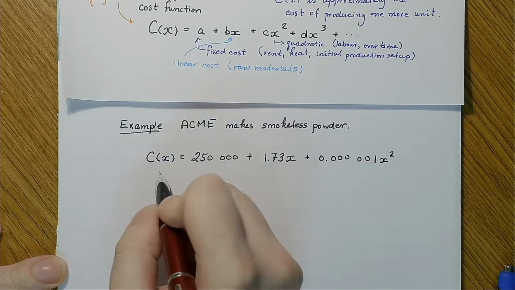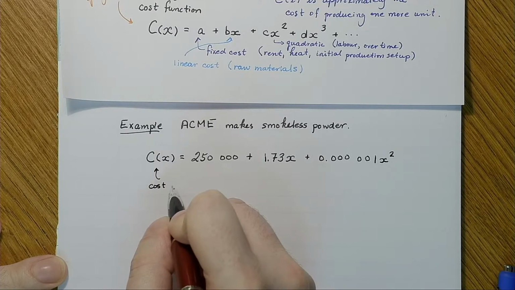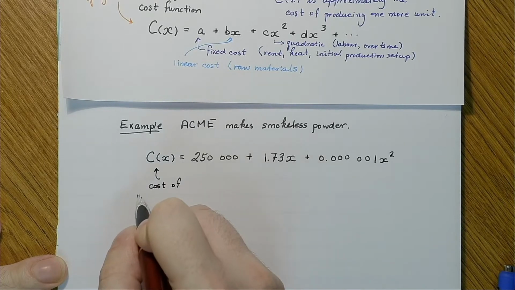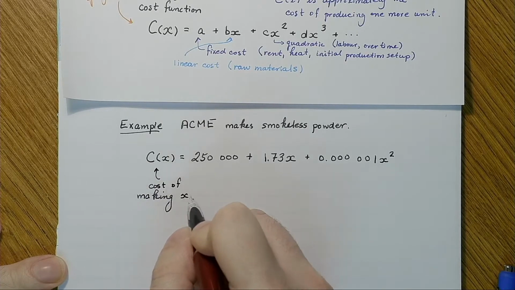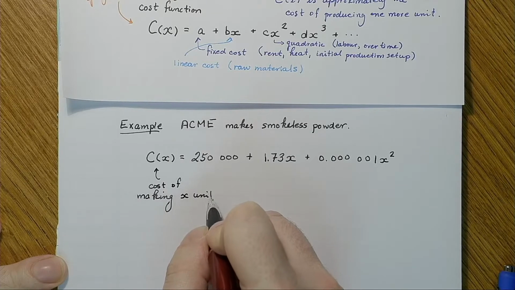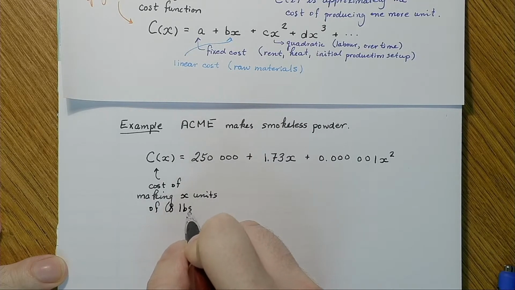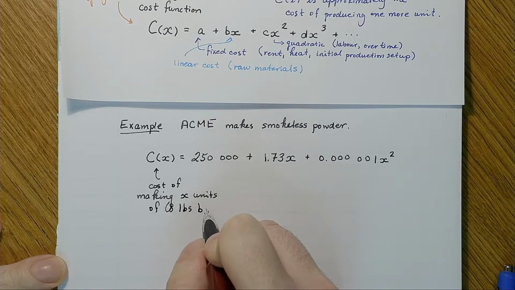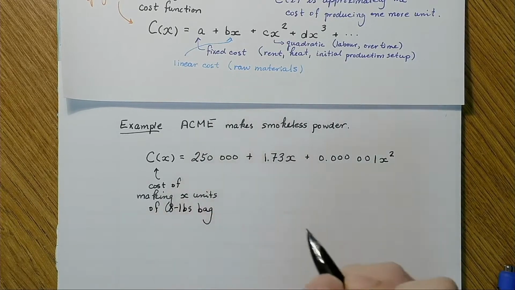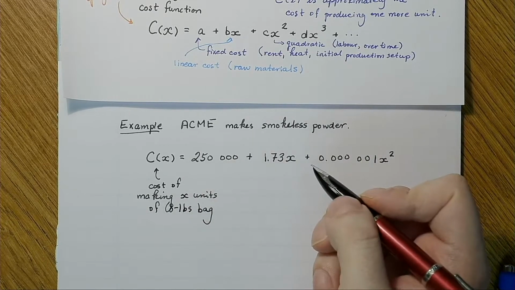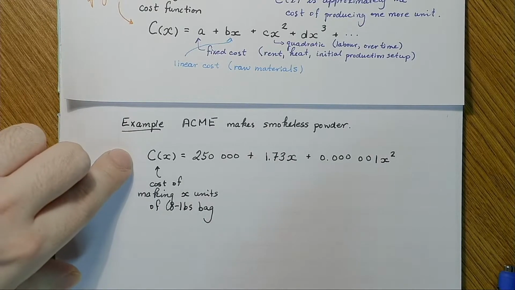So that's the cost of making x units of, and it's 8-pound bags of propellant, lbs, pounds. So again, we can look at this Acme cost.